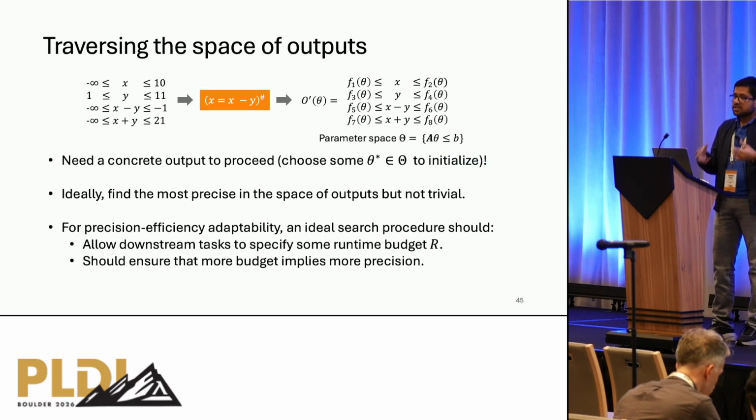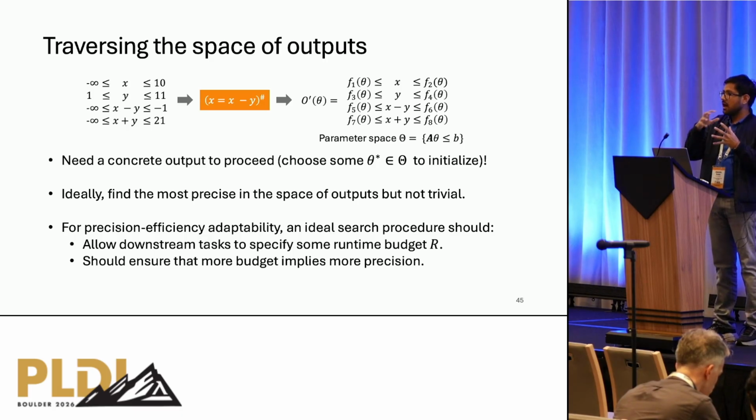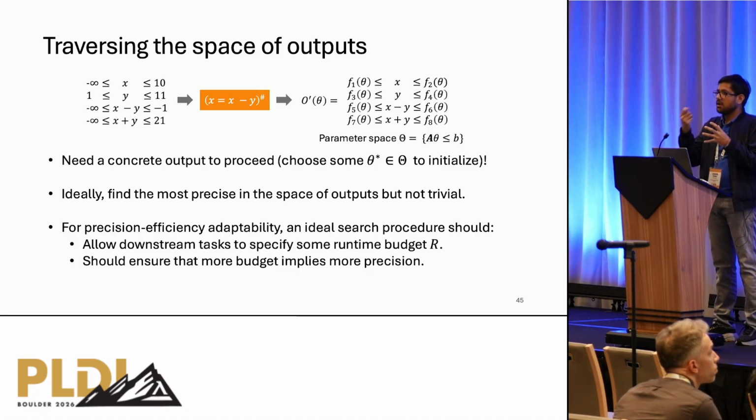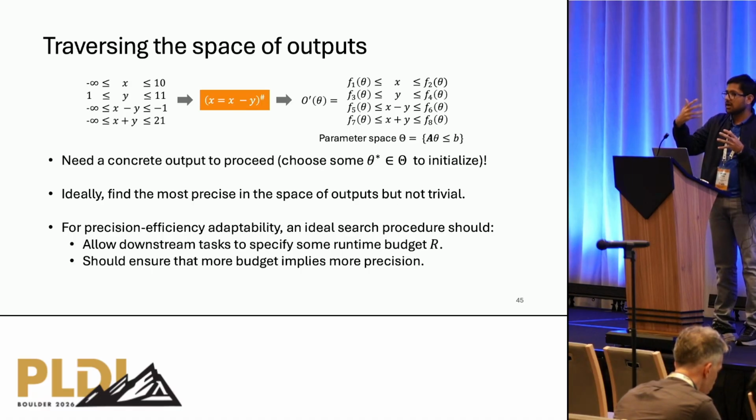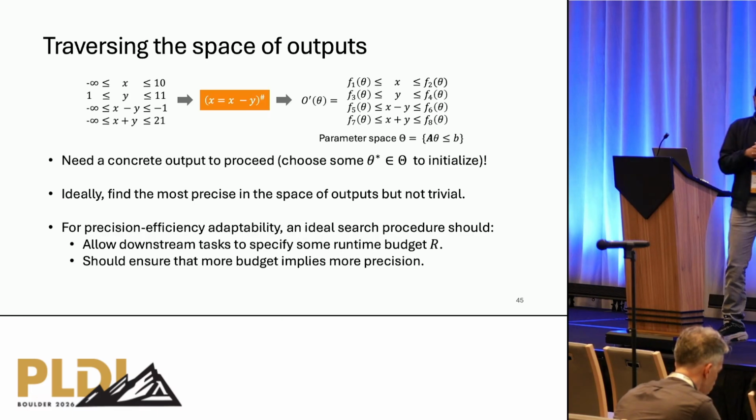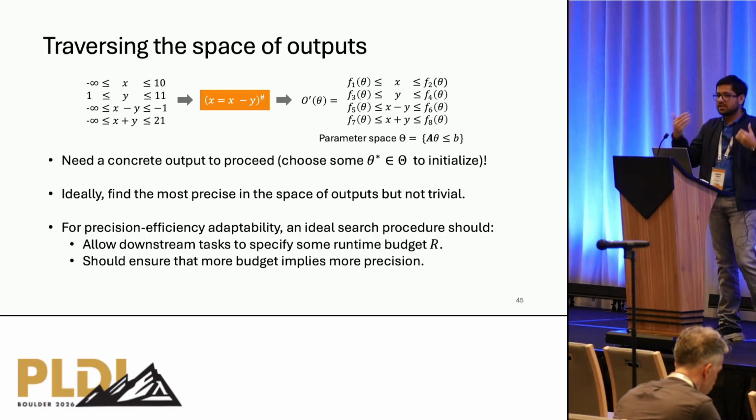Now, once we have such a space of outputs, the next step is to instantiate a concrete output from this space. Because when you are doing abstract interpretation, you can't just propagate a space. Once you have this space, you have to pick one element. Ideally, if it was easy to pick the most precise, we would have done that.